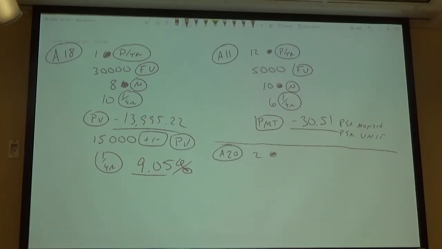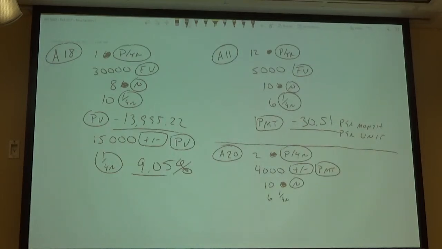So 2 payments per year, okay? And the deposit is $4,000. That's a payment. 10 years. And 6% interest. What is the balance at the end of 10 years? So that's going to be future value.